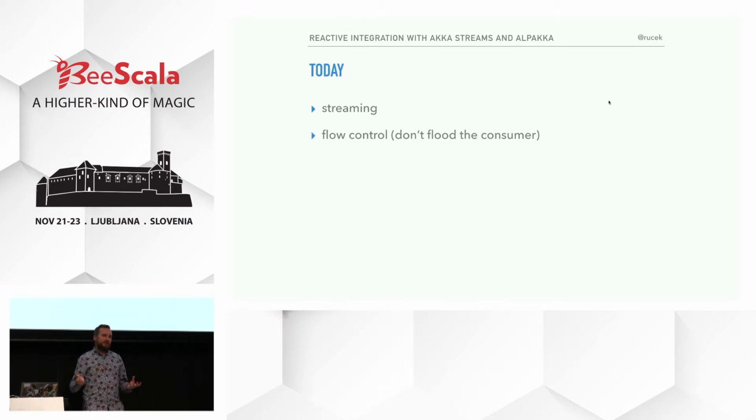Also, in a streaming approach, what is really important is to have some control of how the data flows. So we don't want to flood the data consumers with excess data. And also, our programming languages are evolving, so we would be happy to have an easier programming model for that.